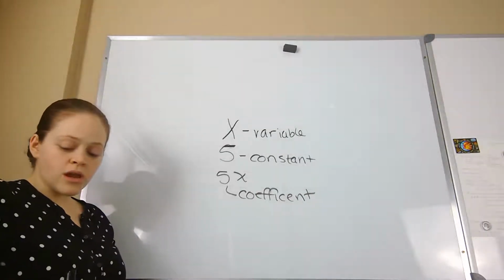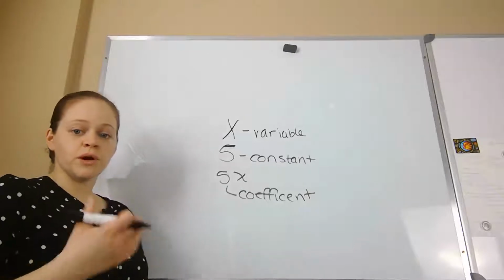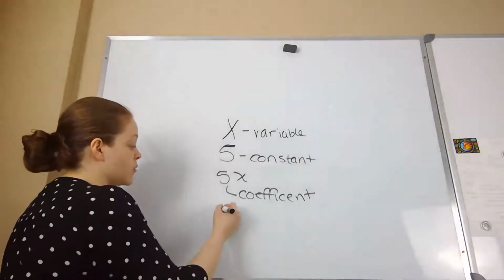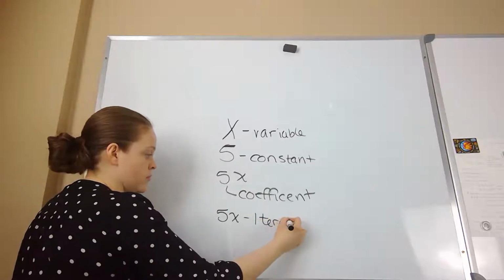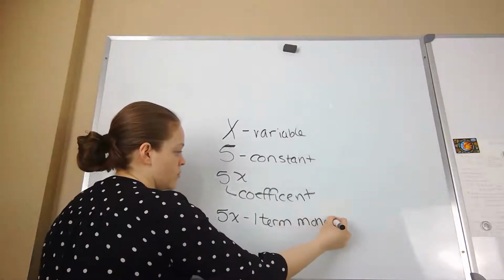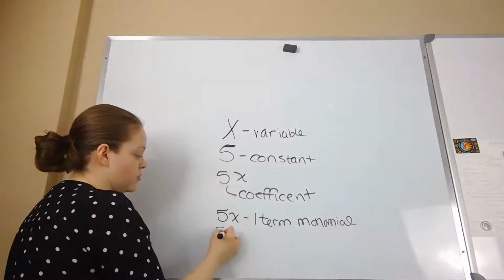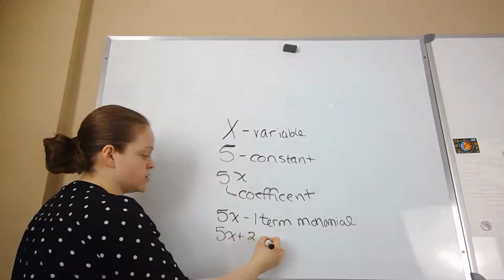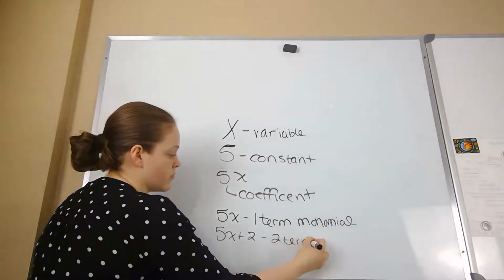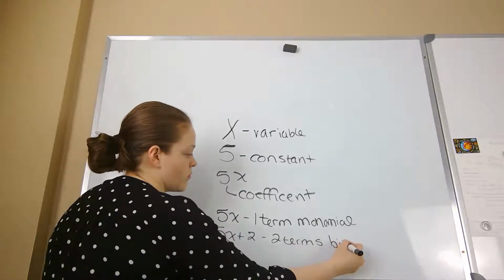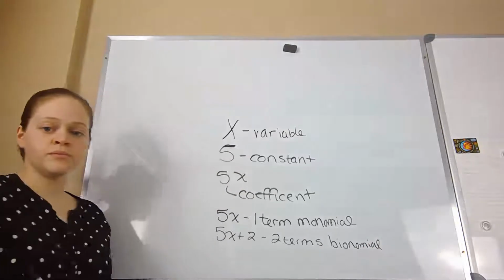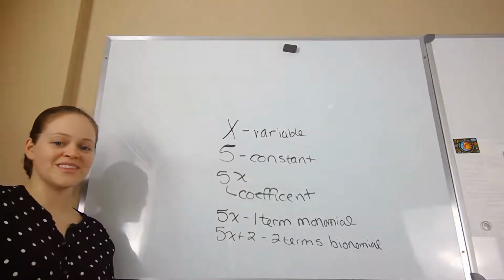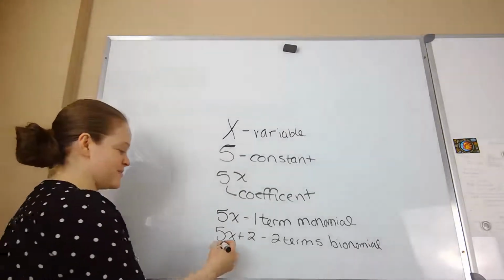Then you have to know the difference between monomial, polynomial, all that stuff. A monomial would just be one term. A binomial is 2 terms. A trinomial, 3 terms.